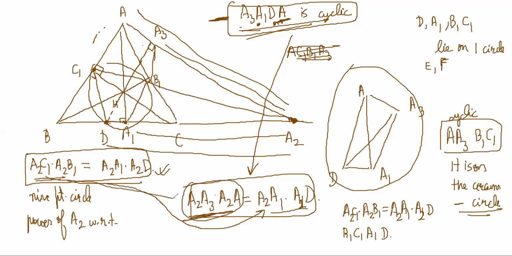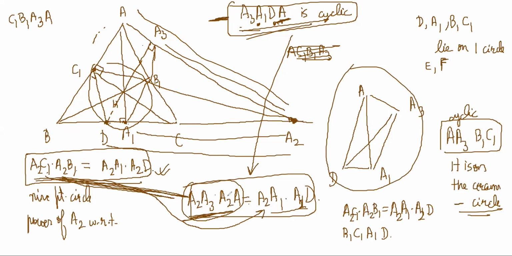These two, if I use them now, then I will get what? That C1, B1, A3, A are cyclic. You understand? C1, B1, A3, A should be cyclic.